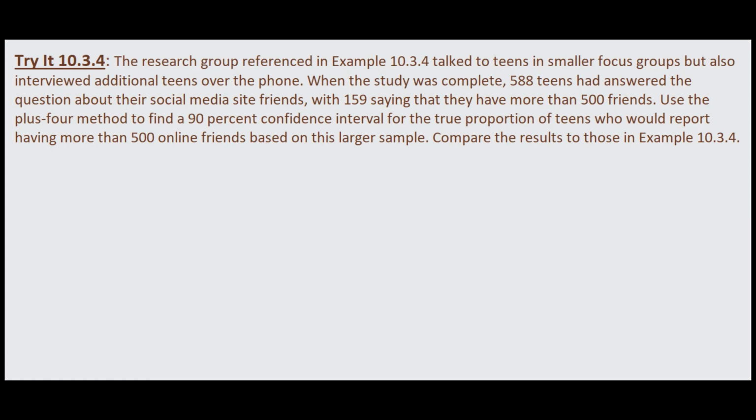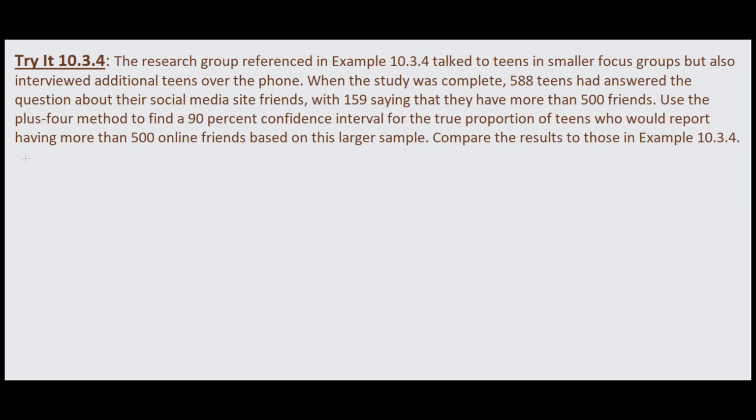We're told to use the +4 method to find a 90% confidence interval for the true proportion of teens who would report having more than 500 online friends based on this larger sample. And then we're asked to compare this result to example 10.3.4, the example just prior to this exercise.